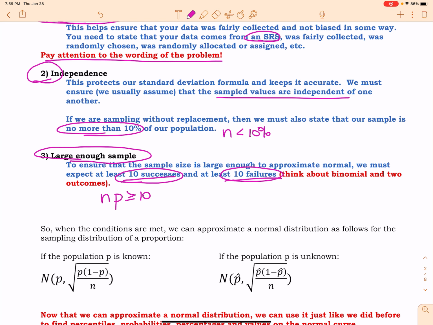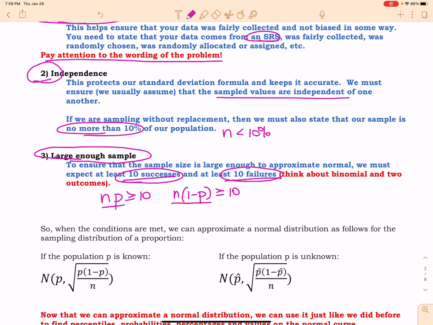We want at least 10 successes. And n times 1 minus p greater than or equal to 10. Well, think about the orange candy situation. The probability it's orange is 0.4, so the probability it's not is 0.6. So this would represent orange candies. This would represent not orange candies. So we want to have 10 of each at least.